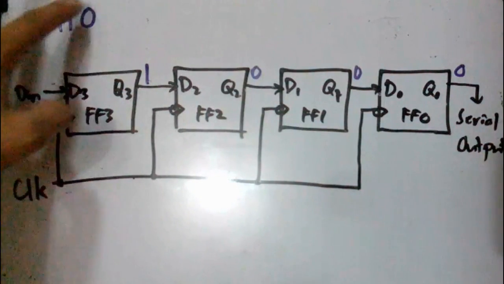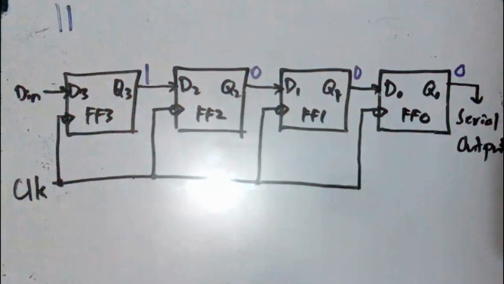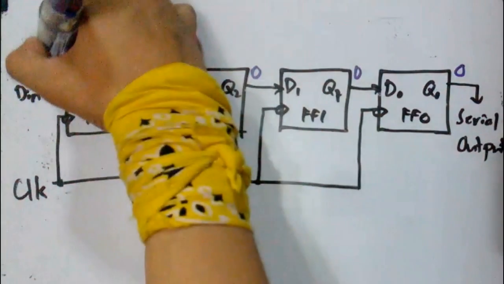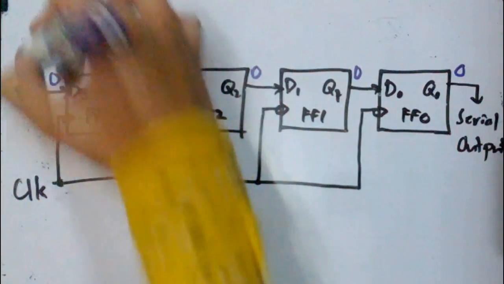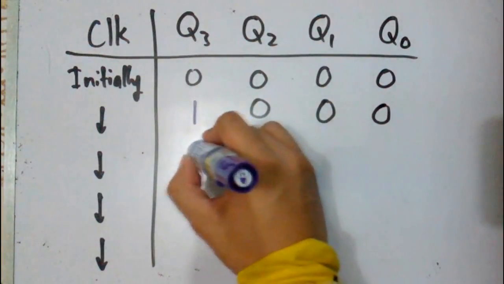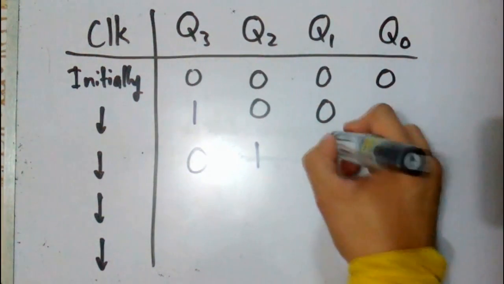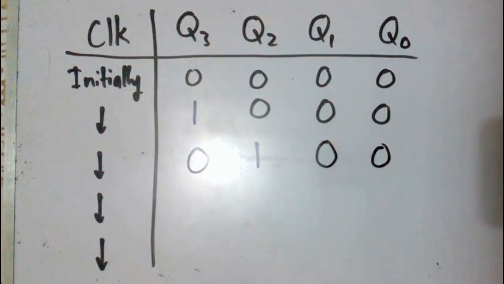Once this is made, D3 will become 0 and D2 will become 1, while D1 and D0 will still be 0 since no data has been shifted to them yet.